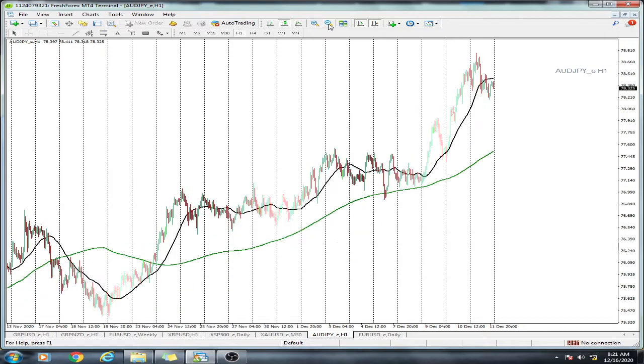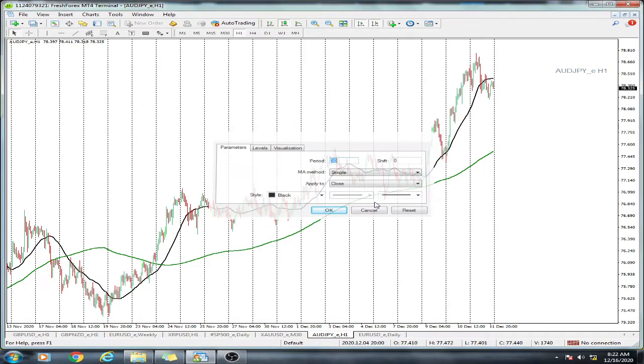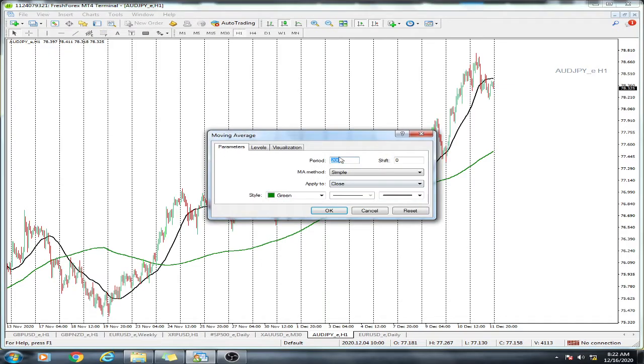Okay, you may be wondering how come I'm using the period of 30 and 200 instead of any other number. Let me explain something first of all. The word moving average, like in this case we've said the period is 200.